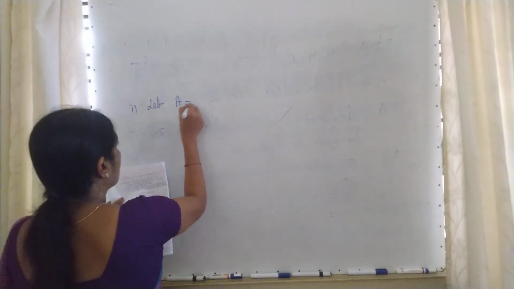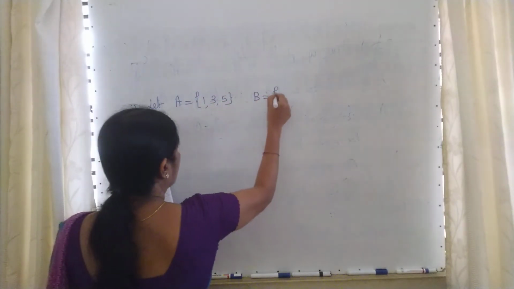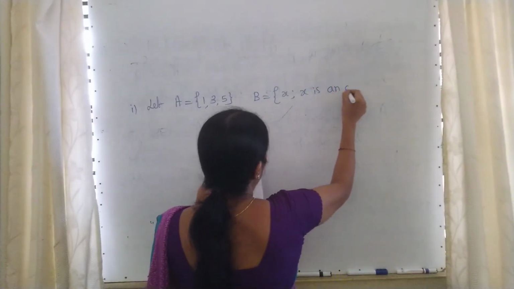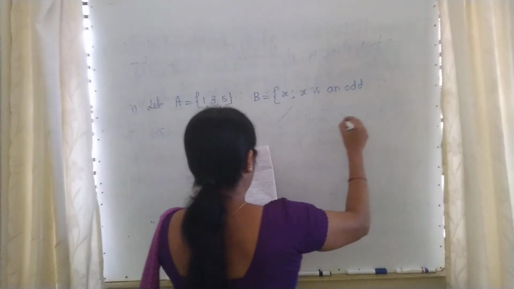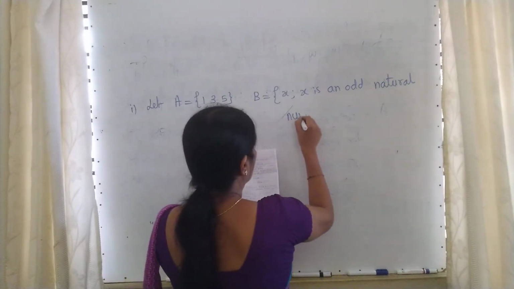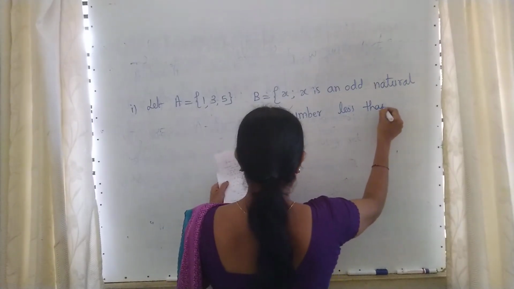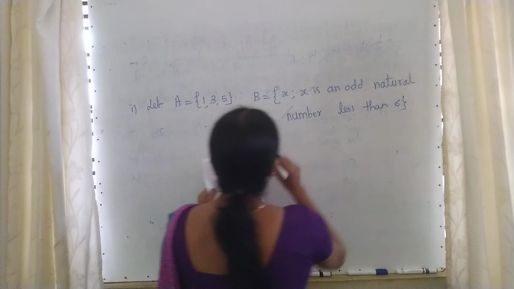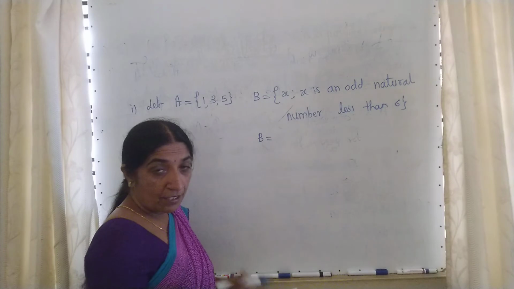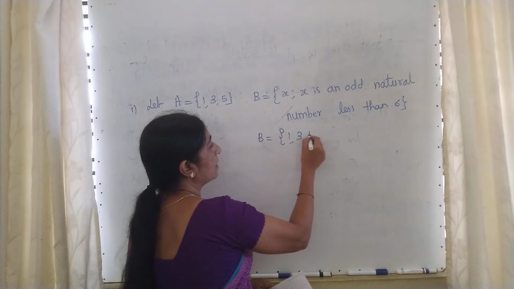Let A is equal to {1, 3, 5} and B is equal to {x such that x is an odd natural number less than 6}. That means first we have to write the elements of set B. Odd natural numbers, natural number starts with 1, odd, and they are less than 6, means 1, 3, 5.